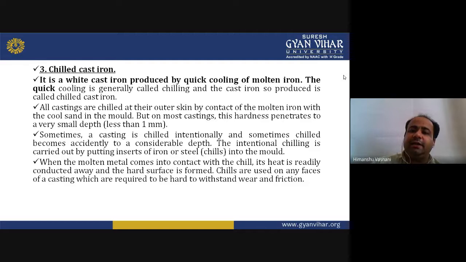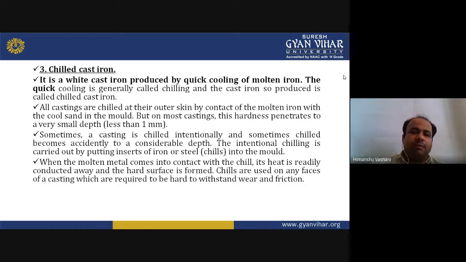The intentional chilling is carried out by putting inserts of iron or steel chills into the mold. Sometimes you do it intentionally, and sometimes chilling happens accidentally, to a considerable depth.